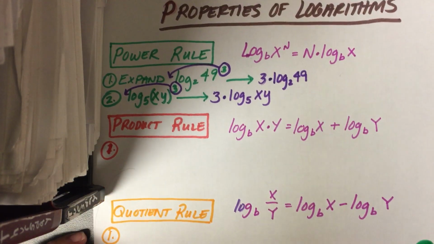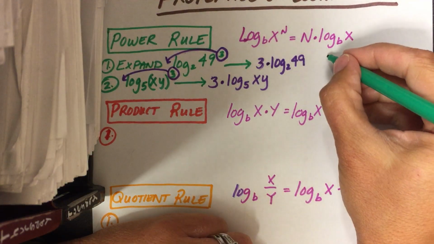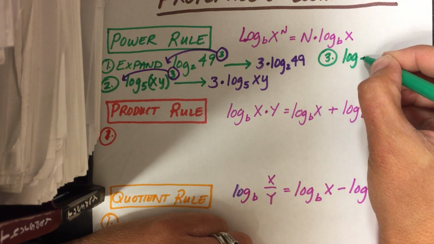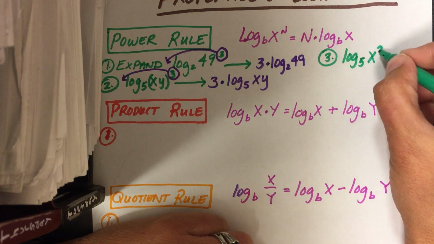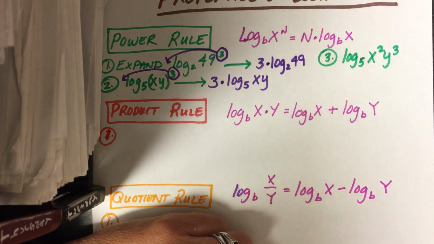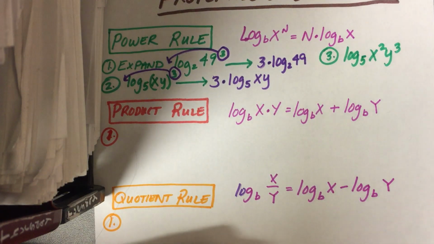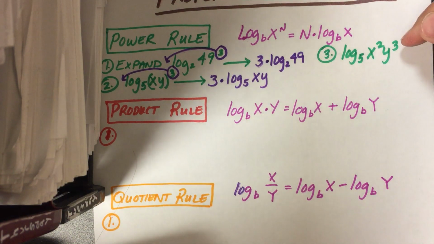So let's say, for example, I have log base 5, we'll just choose 5 again, of x squared y cubed. And I want to expand this. Well, I can expand it, but I can't use the power rule as it is right now.